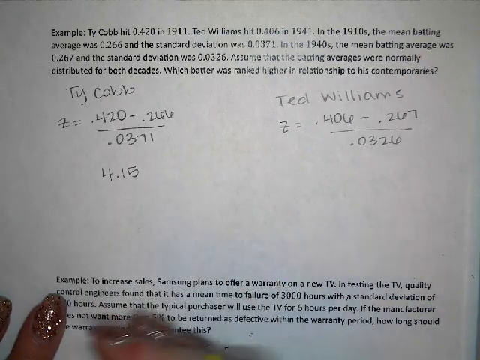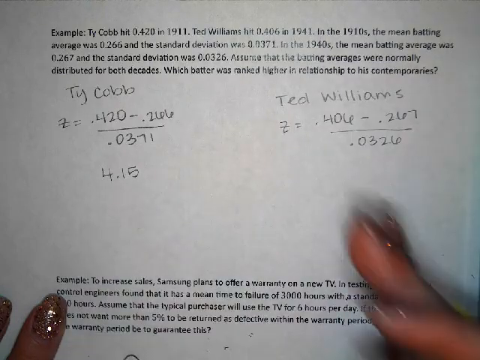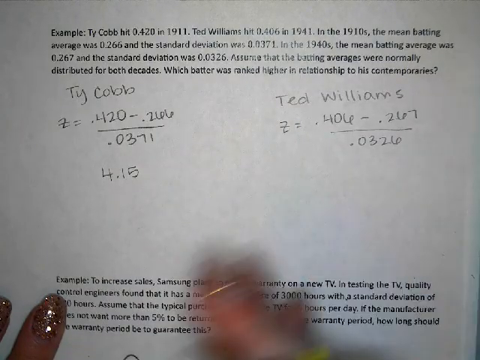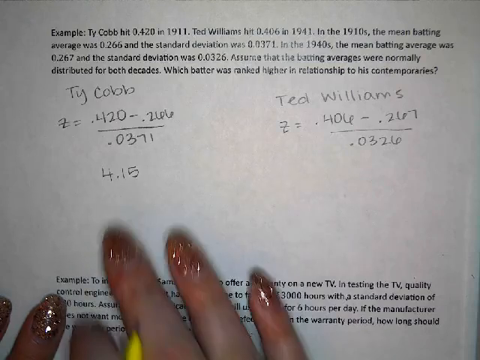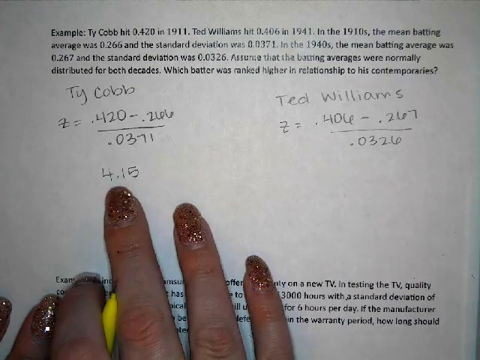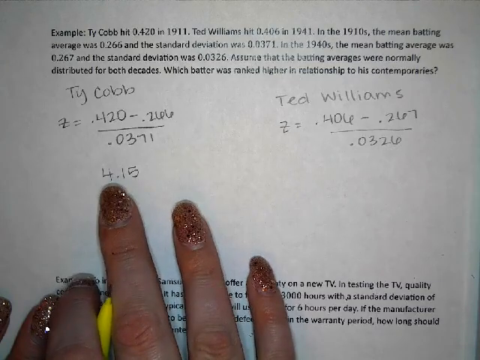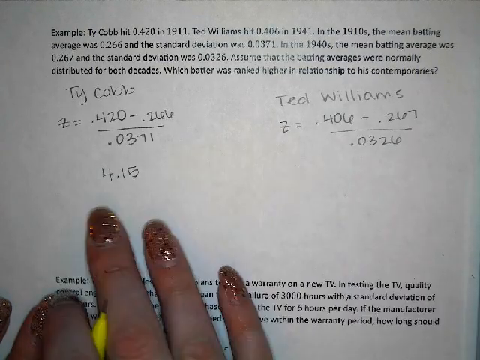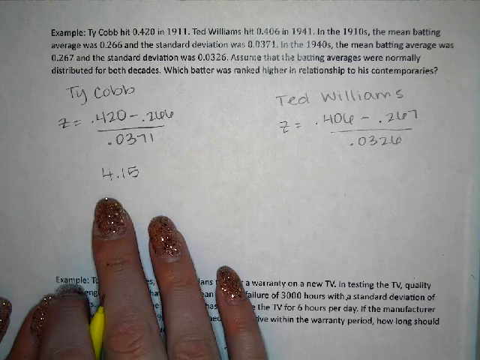So this means that he was like top. For his to be a z-score of 4.15 means that he was 4 standard deviations away from the mean, which is very, very high. So we'll check and see if Ted Williams beats him or not.